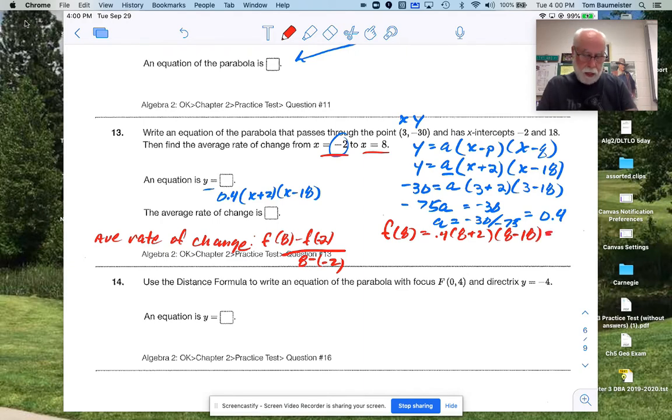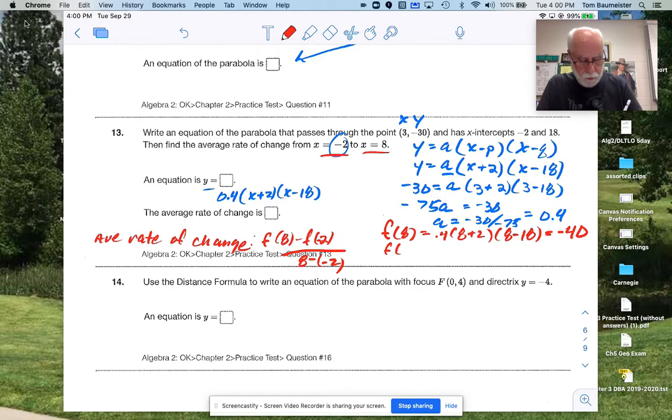And if I work that one out, 8 plus 2 is 10. 8 minus 18 is negative 10. So 0.4 times 10 times negative 10 is negative 40. Okay, that's f of 8.